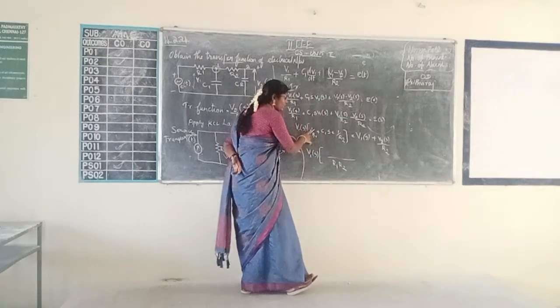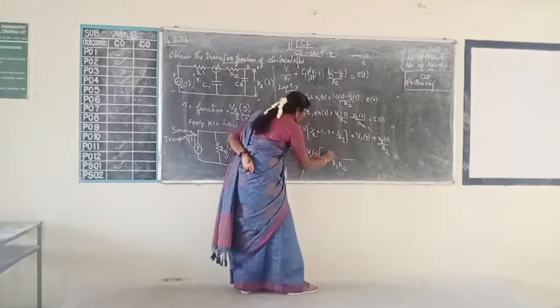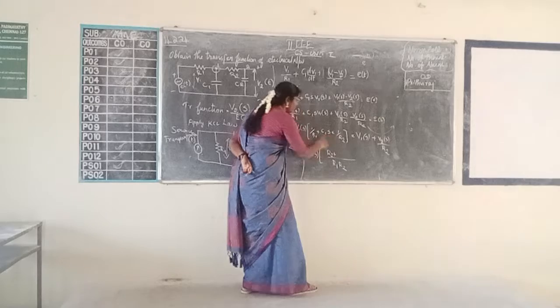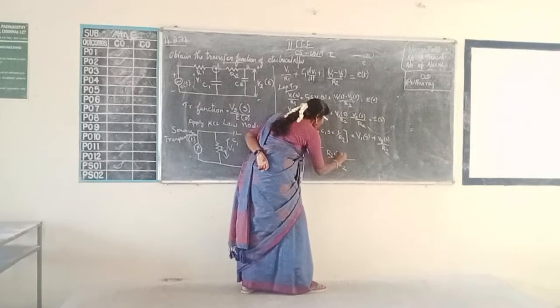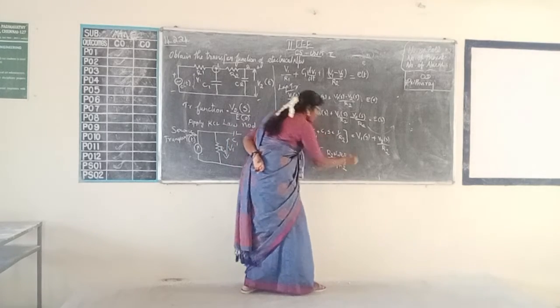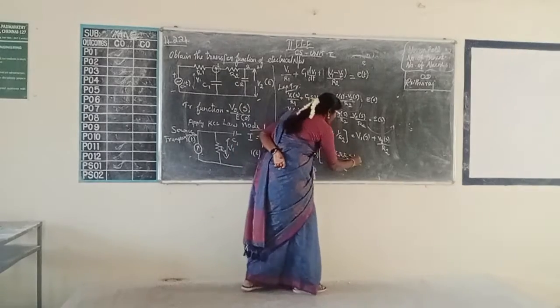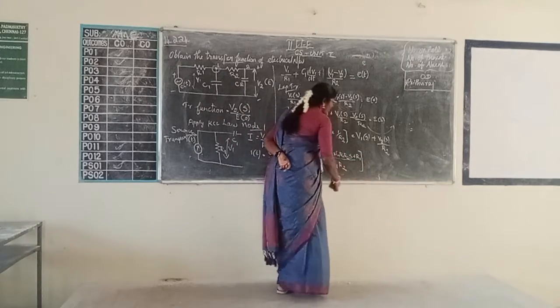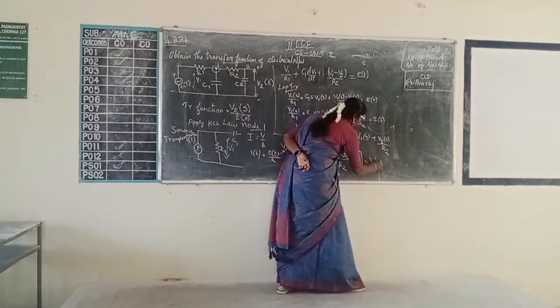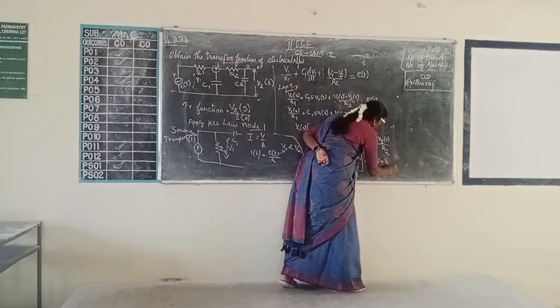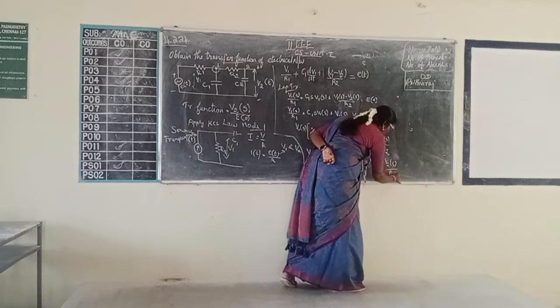So cross multiply, what is missing here? R2. So R2 plus here C1 R1 R2, yes. Correct? Next here it is E of s by R1 equal to V1 of s plus V2 of s by R2.